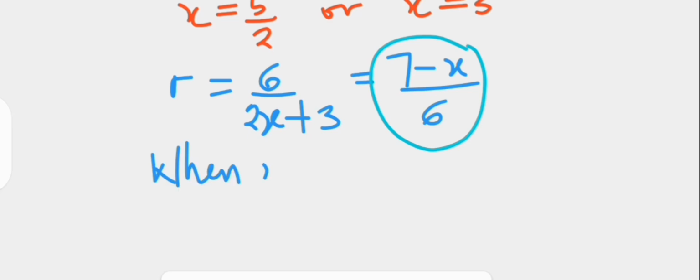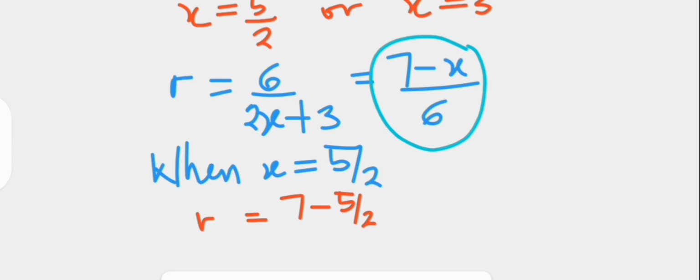So when x is 5 over 2, r is going to be 7 minus 5 over 2, everything over 6. And 7 minus 5 over 2 should give us 14 minus 5 over 2.